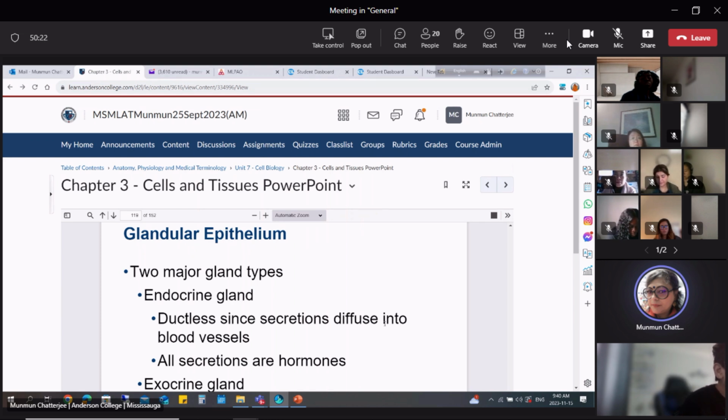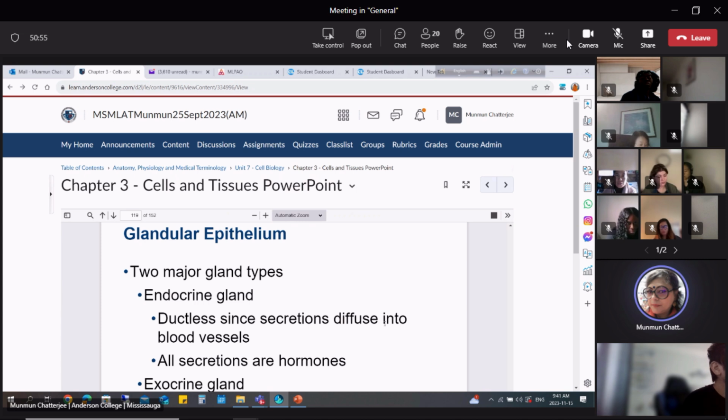Remember? So what are endocrine glands? These are the ductless glands. Yesterday or the day before yesterday, when I was talking about circulation, I told you the endocrine glands are ductless.